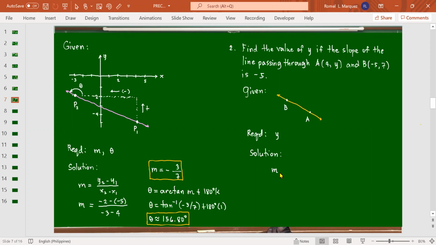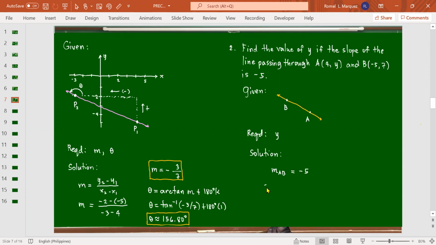The slope of the line segment AB is supposed to be equal to negative 5, no? We're looking for the value of y, which is one of the coordinates of A.